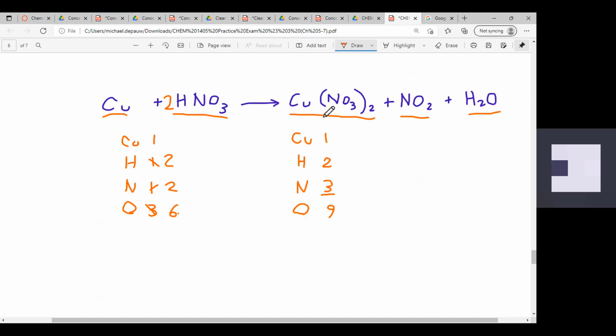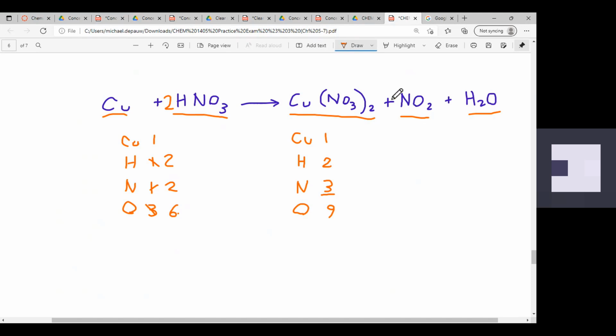The NO2 or the copper nitrate? So which one has an odd number of nitrogens? The NO2. See, the copper nitrate has 2 nitrogens, right? That's an even number. The nitrogen dioxide, it only has 1 nitrogen, so that's the odd number.